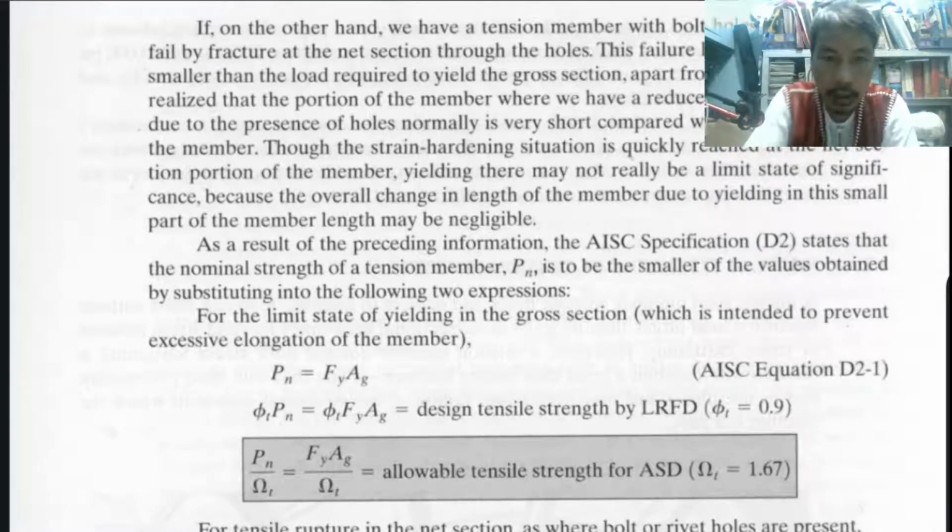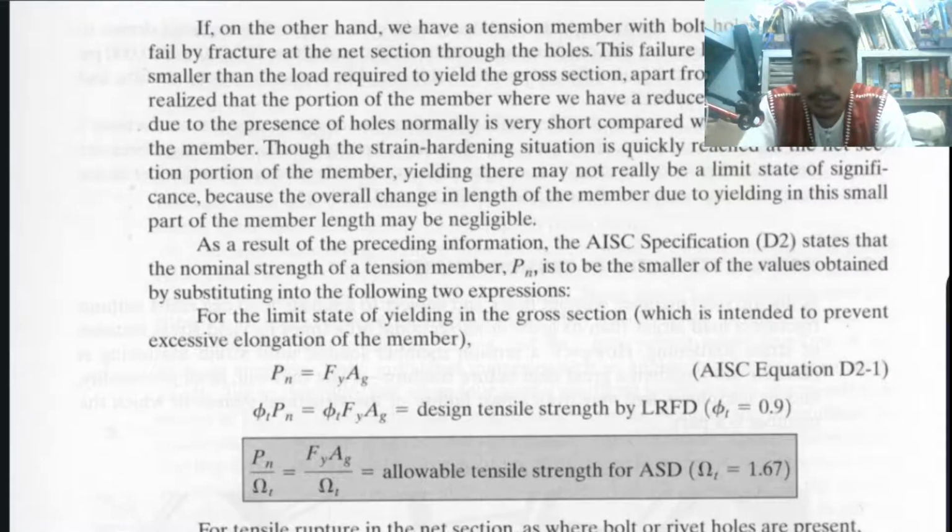So in the gross section, which is intended to prevent excessive elongation of the member, we would like to consider at which location the member would fail, and at which section the member would experience excessive elongation.